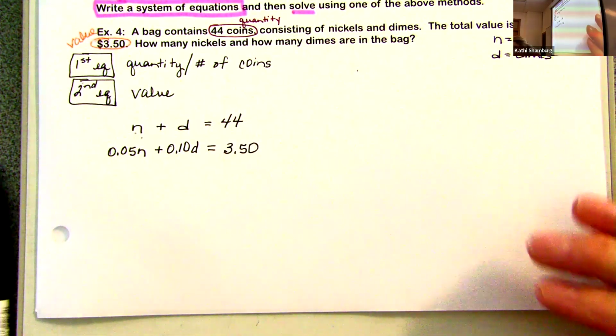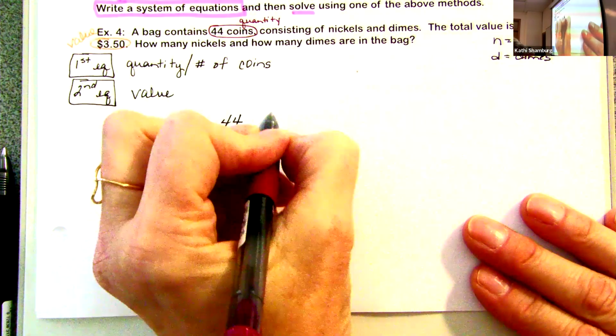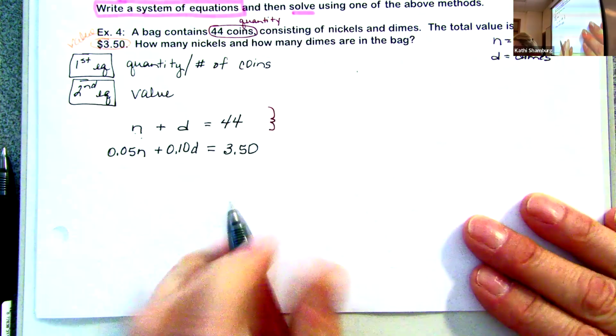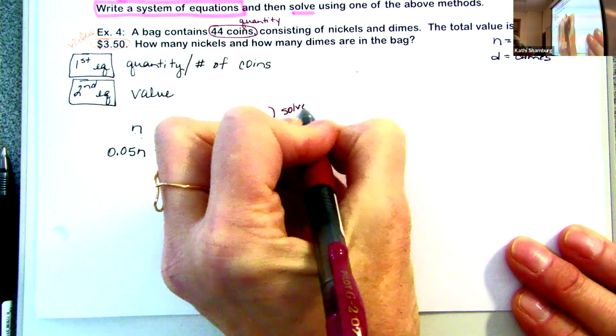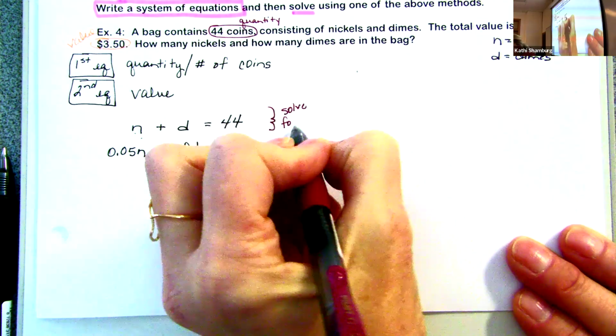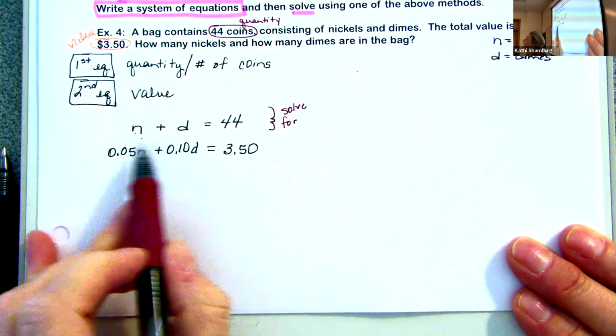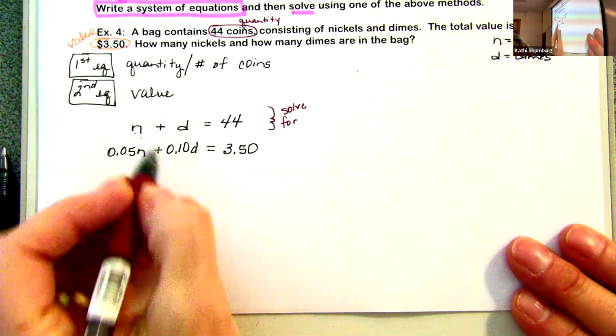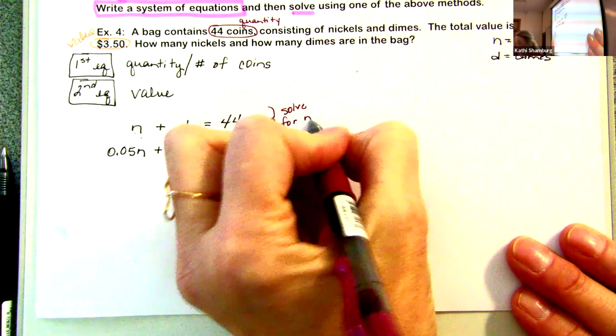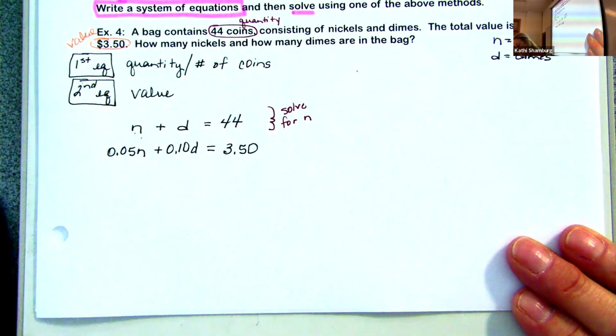Okay, if you recall, my hint for substitution was choose the equation that at least one of the variables has a coefficient of 1. Do I have either of my equations that has that? Okay, my quantity or my value one? Quantity. So what I'm going to do is I'm going to take this equation and I am going to solve for, now if you'll notice, both have a coefficient of 1. So it doesn't matter, solve for N or solve for D, it wouldn't matter. I'm going to go ahead and just solve for N. Okay.